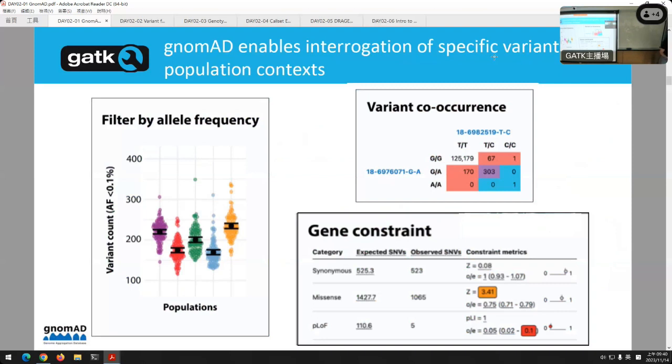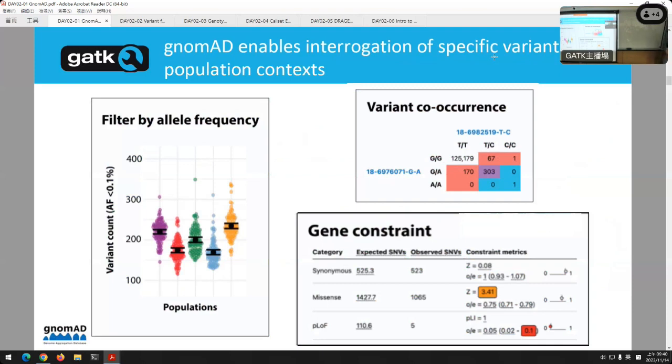If they're common in the population, it's very unlikely that that variant could be the cause of your patient's rare Mendelian disease. So you can use the allele frequencies from gnomAD to filter your variants and remove variants that are too common to be the cause of disease.